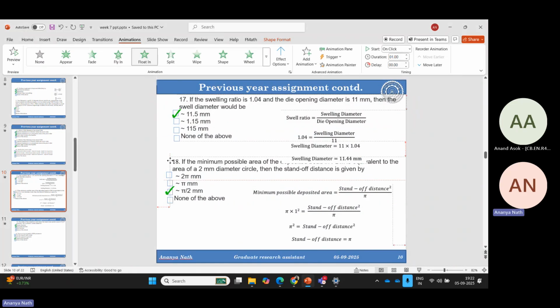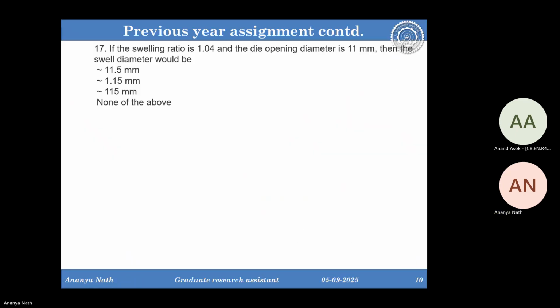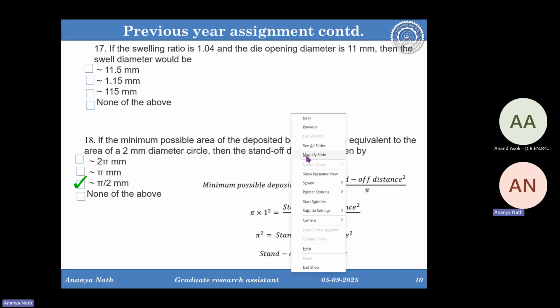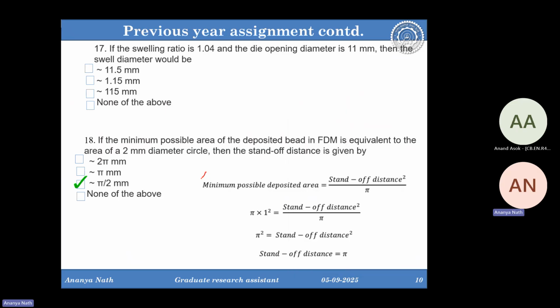So if you see this question, this is the formula you can use for this. Minimal possible deposition area is equal to standoff distance square by pi.